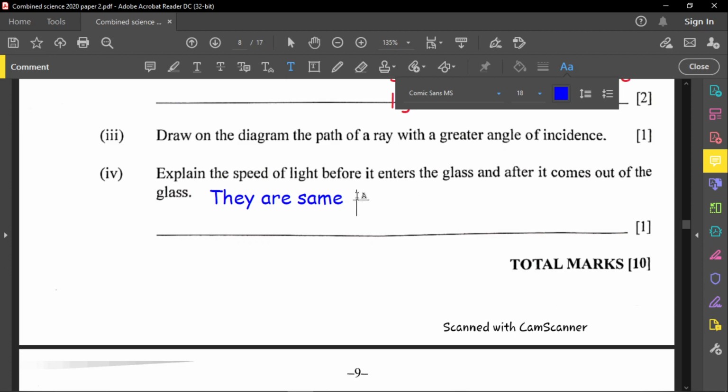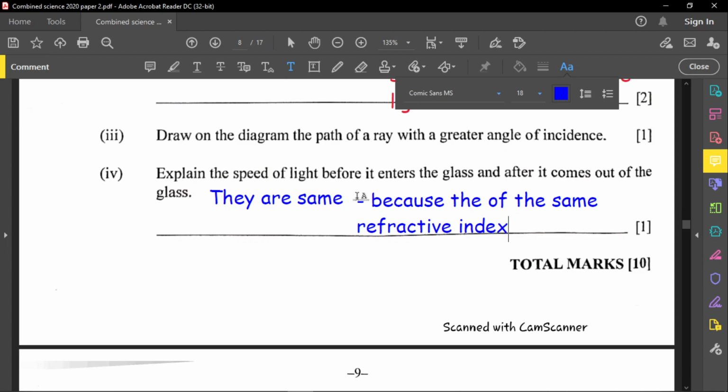And this is because, let's put a notation here, it's the same because the medium has the same refractive index. Bottom line, it is simply because it is the same medium.